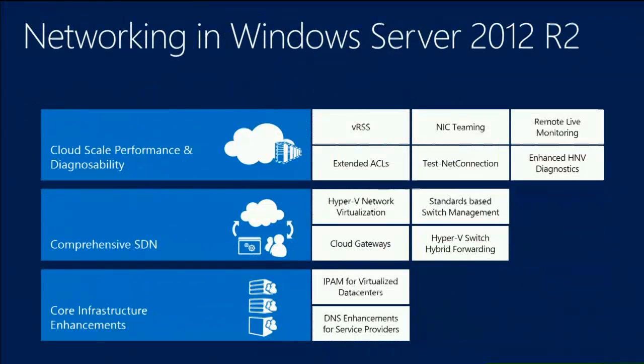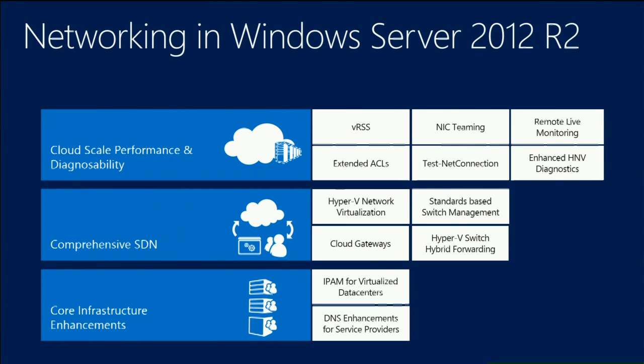So I talked about three areas to close out. I talked about cloud performance and diagnosability, which was all about how you can maximize your ROI on the investment you've already made in existing infrastructure. With virtual RSS and NIC teaming, you get to maximally and optimally utilize the capacity of the underlying NICs that you have in place.